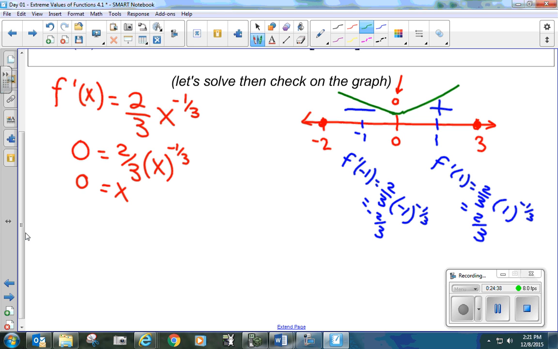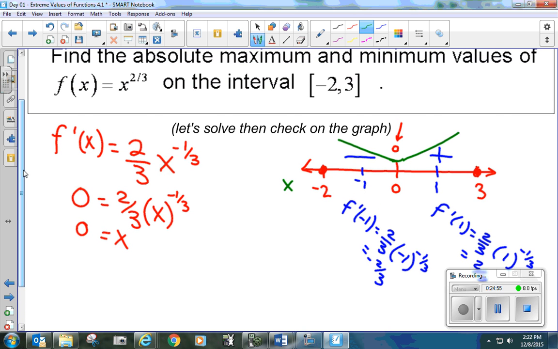So how do I know? If I need the max and the min, don't I need the y value? How high and low it goes? So if these are my x values, how do I know what the y value is when x is 0? I plug it into my original function, don't I?